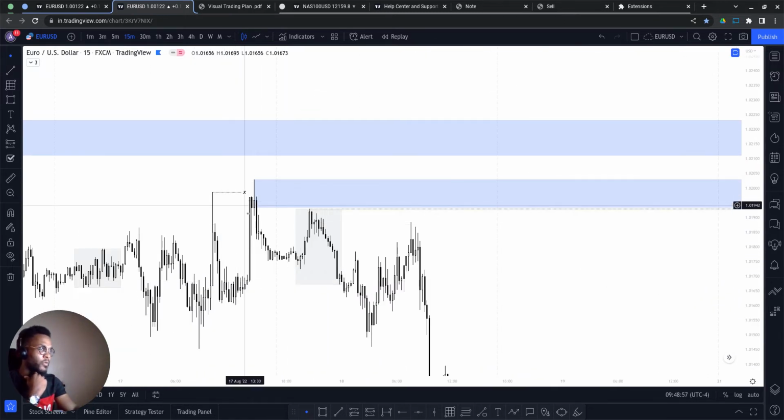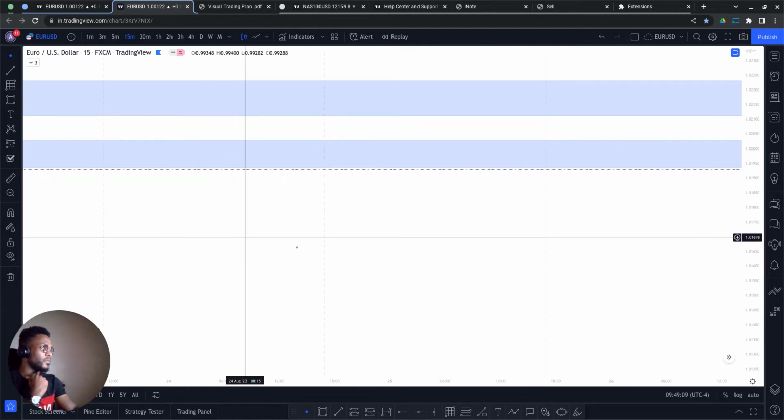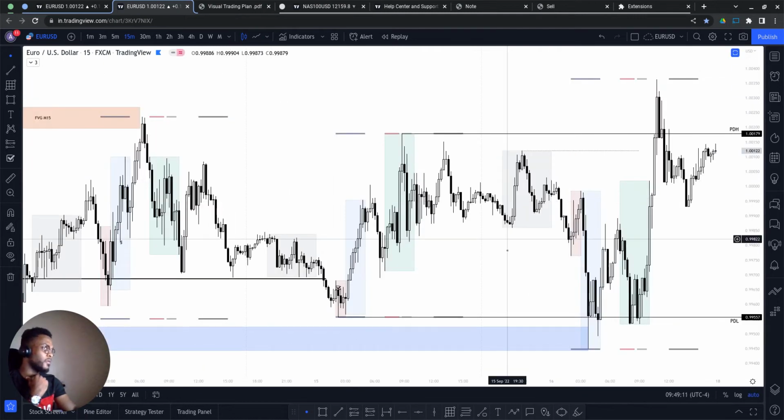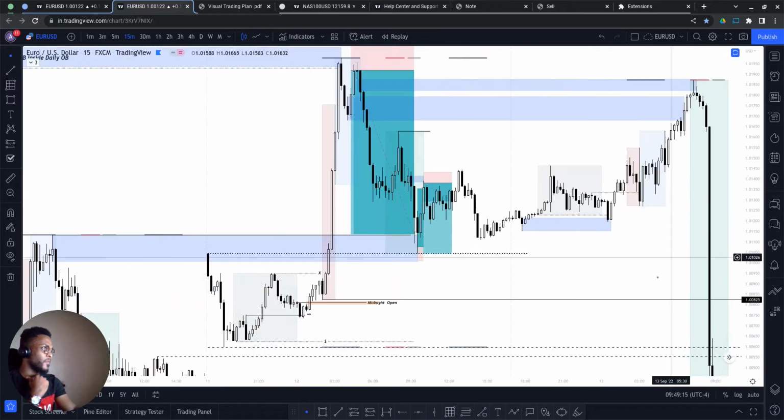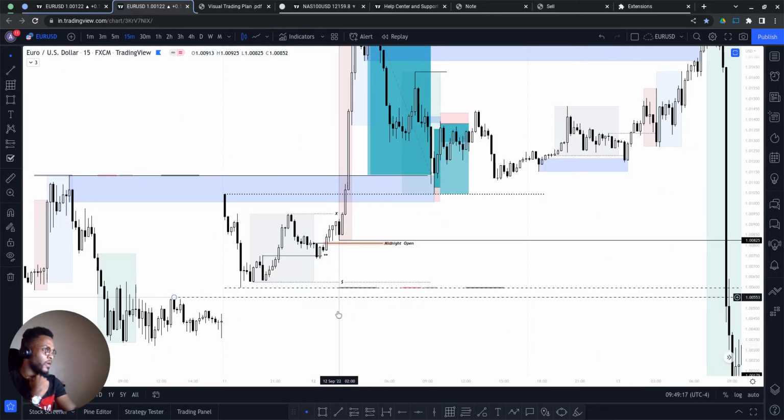So here, right there above Asia, on this day, there is an M5 that stop hunts this high, and it's a very clear candle. This day opened Monday, and my Q zone starts right here.